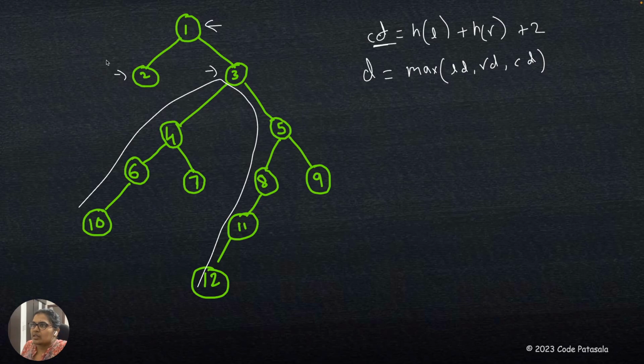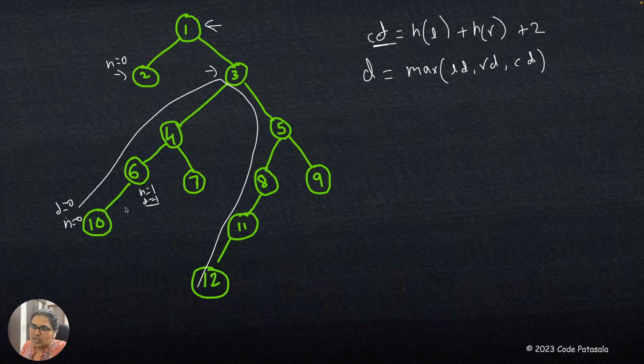So here again, height is 0. If we go to the right, again we'll go to the leftmost one, where height is 0 for this one, and diameter is also 0. So to its parent, which is 6, height now becomes 1.